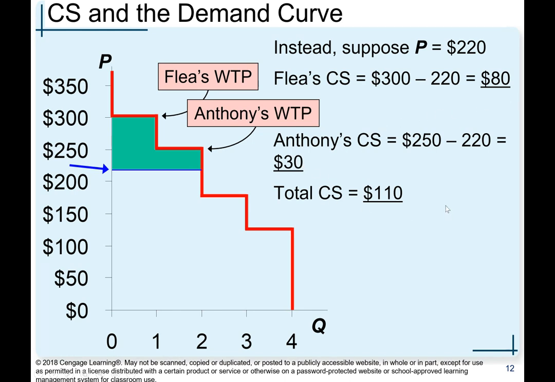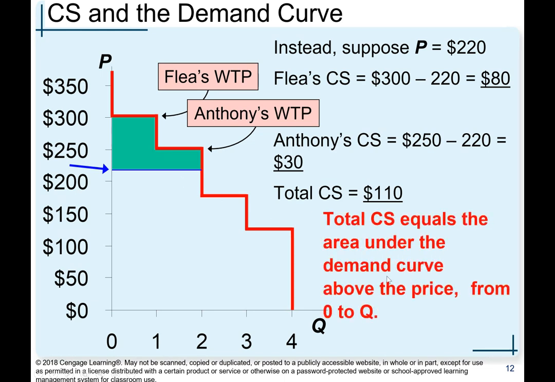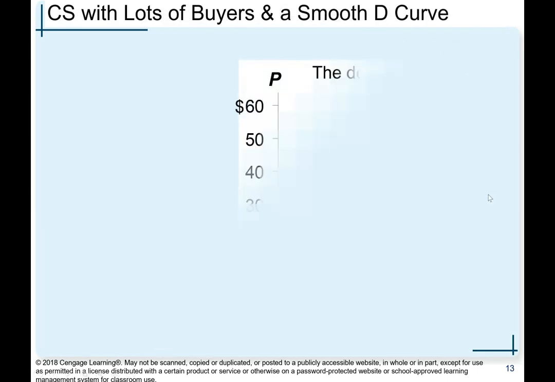You add the two, that is 110, which is the green area in this diagram. Total consumer surplus equals the area under the demand curve above the price from 0 to the output being sold.